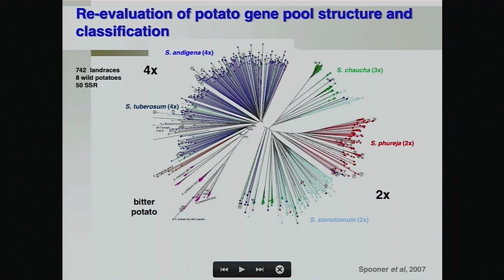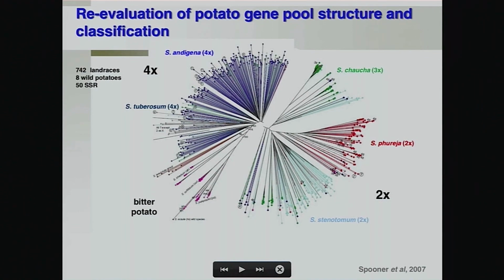Then, Spooner in 2007 used 50 microsatellites, okay? Those are not sequence data, they are microsatellites, in almost 800 landraces from the gene bank of CIP and 8 wild potatoes. And the same thing, maybe here, all the Solanum andigena and Solanum tuberosum are clustered here.